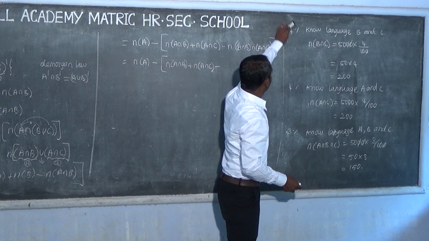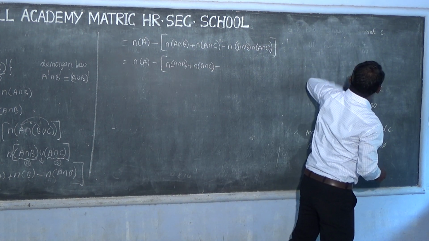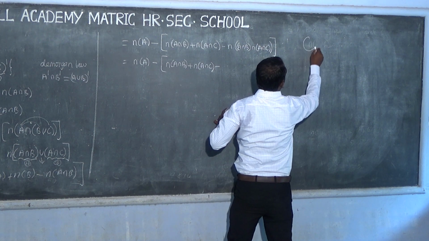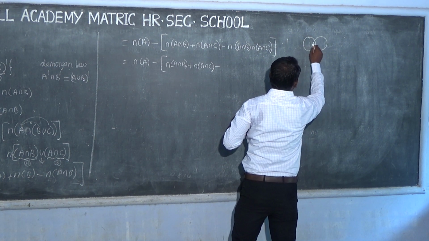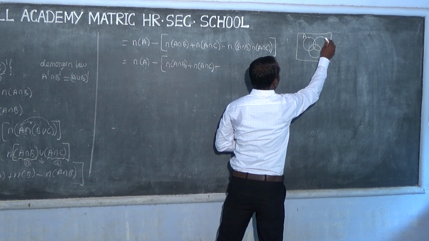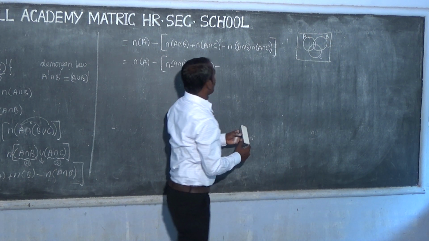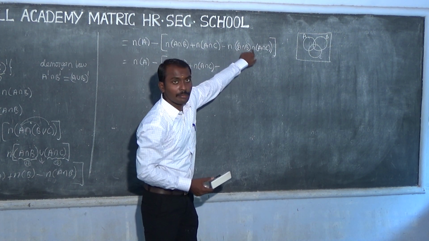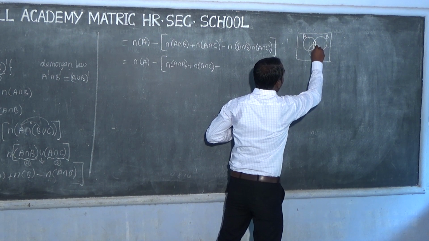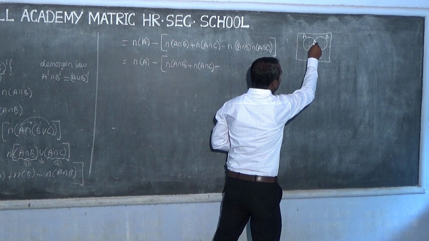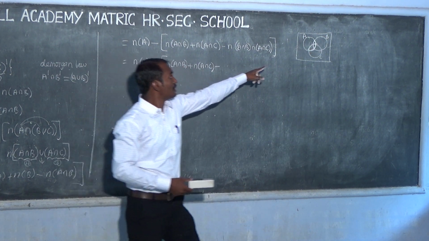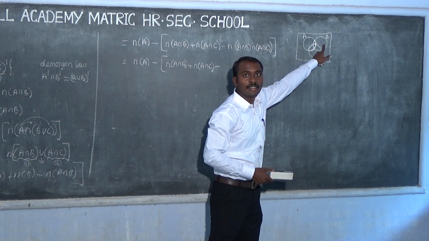Here we want the Venn diagram. See, this is the Venn diagram, this is the whole set. I take the names as A and B and C. This is the A intersection B part, and this is the A intersection C part.